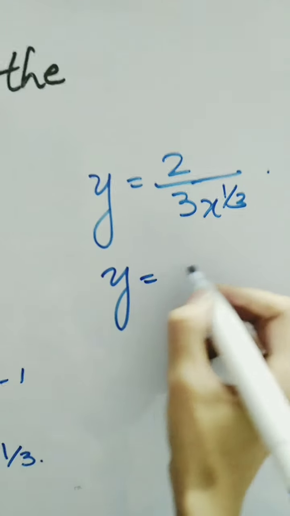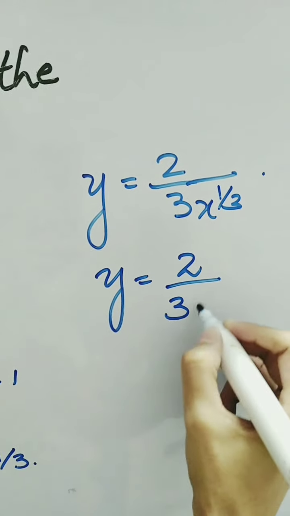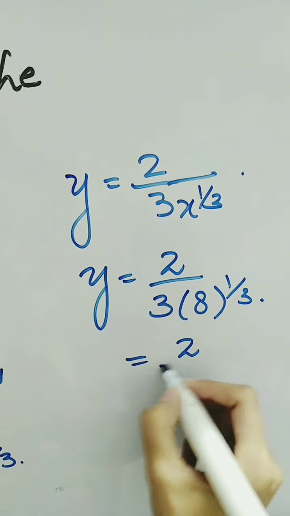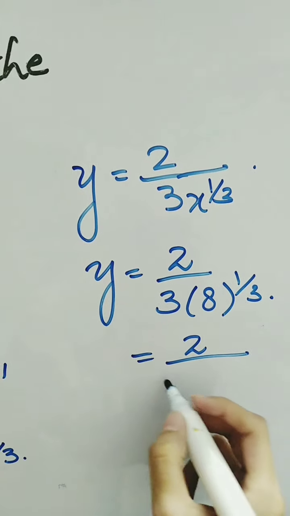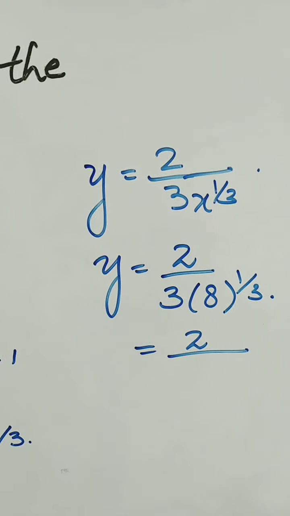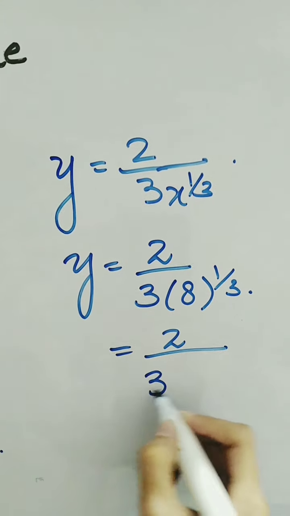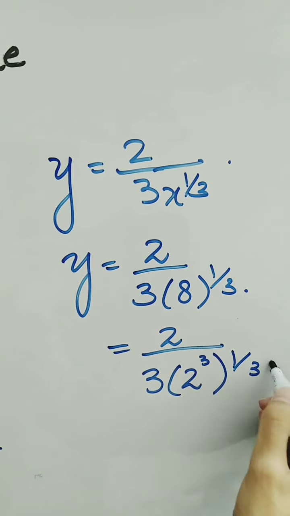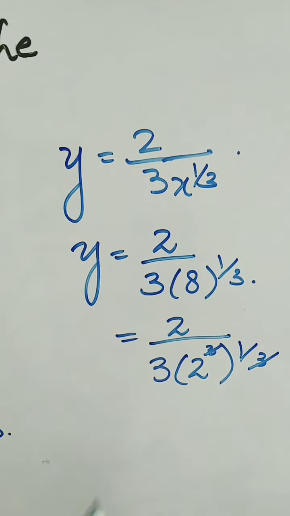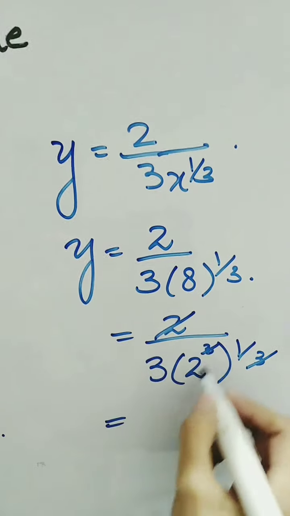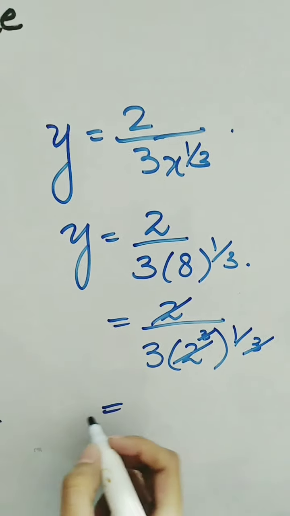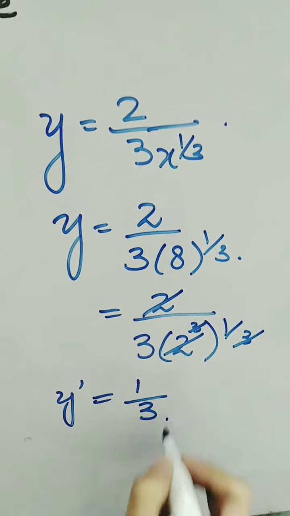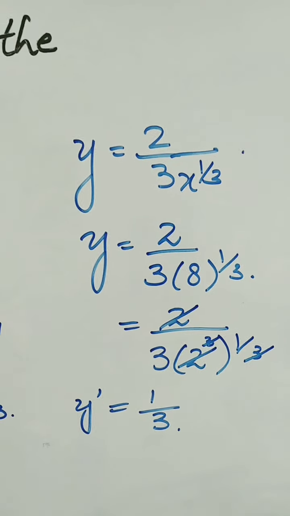Now we put the value of x, which is 8, and as we know that 8 is the cube of 2, we can write it as 2 raised to the power 3, to the power 1 over 3, and this 3 cancels out with this 3, and this 2 cancels out with this 2, and we have a gradient or derivative of 1 over 3.